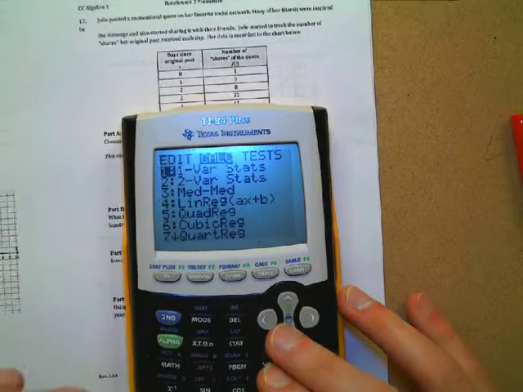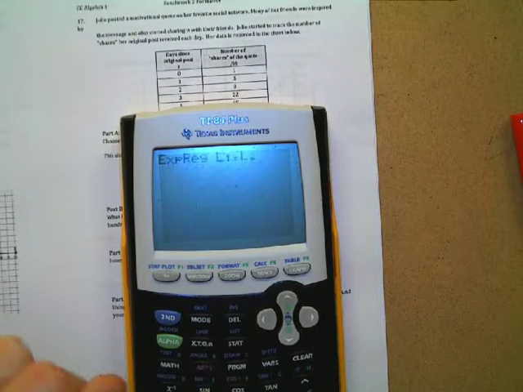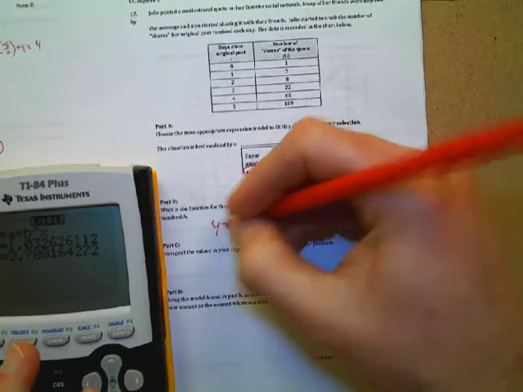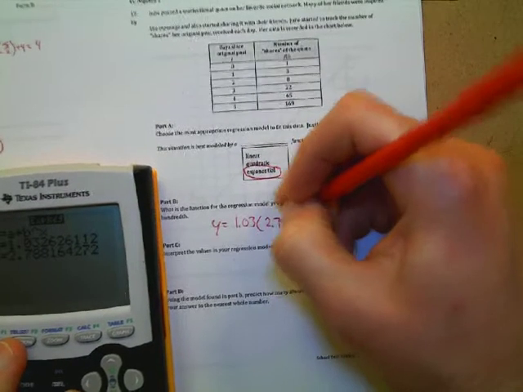Stat calc, since we chose exponential regression, we'll go down to number 0, calculate. It says to round to the nearest hundredth, so I get y equals 1.03 times 2.79 to the x.